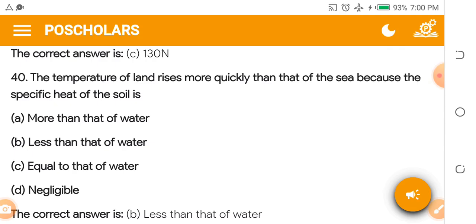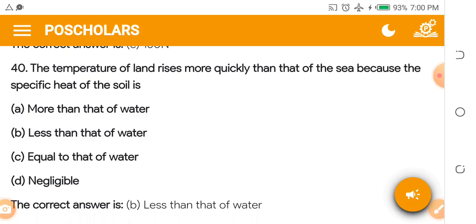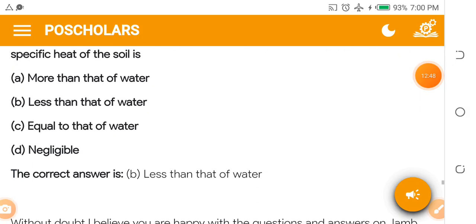B. Less than that of water. C. Equal to that of water. D. Negligible. The answer is B. Less than that of water. The temperature of land rises more quickly than that of the sea because the specific heat of the soil is less than that of water.